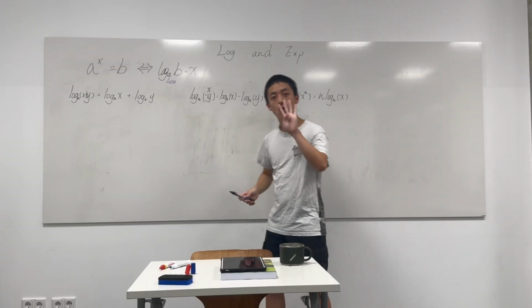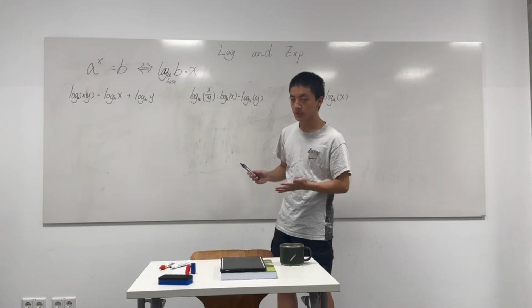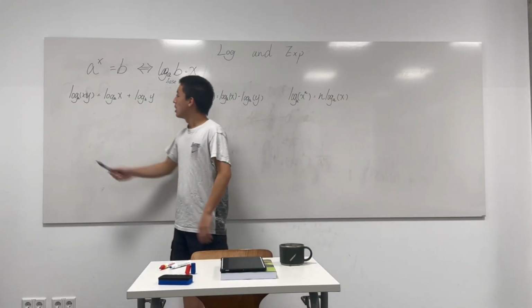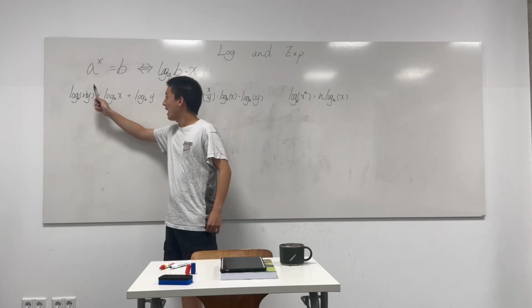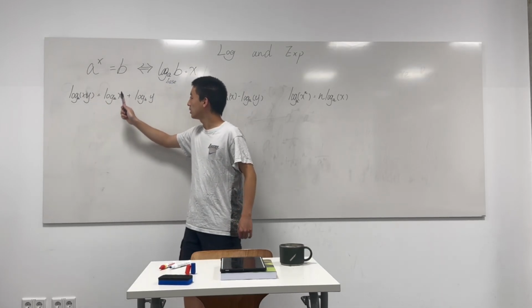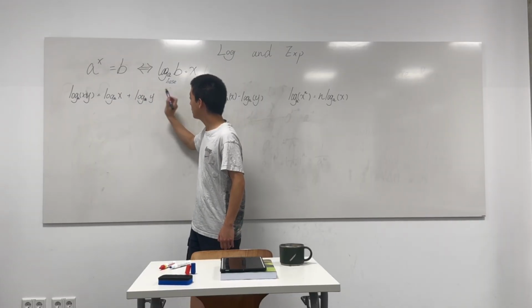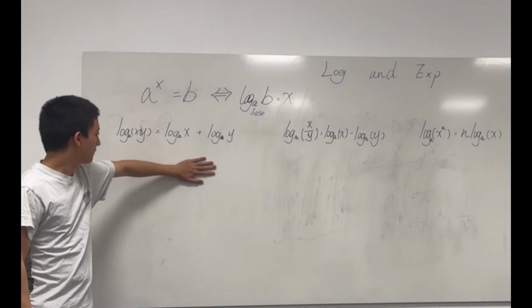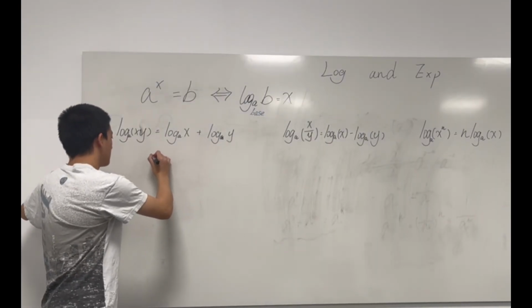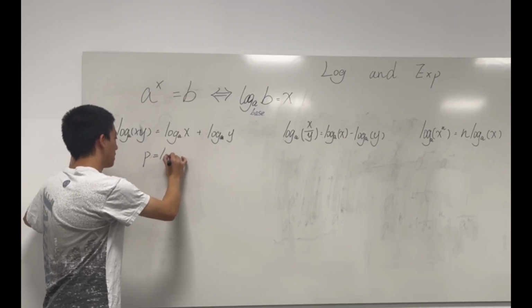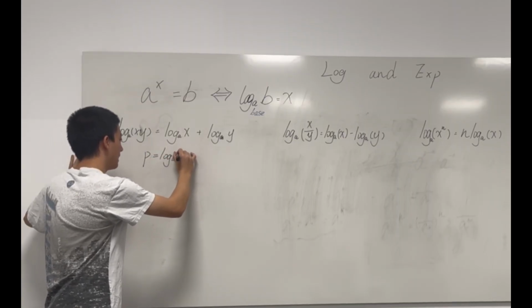So there are 4 important formulas for logarithm. First one, log base a of x times y is equal to log a x plus log a y. We can prove that. We let p equal log a x.